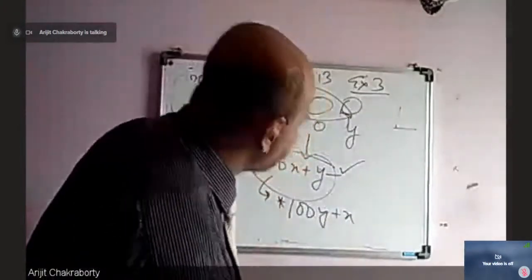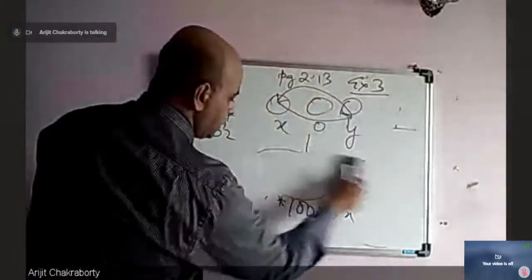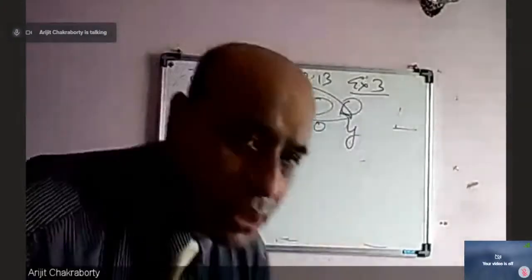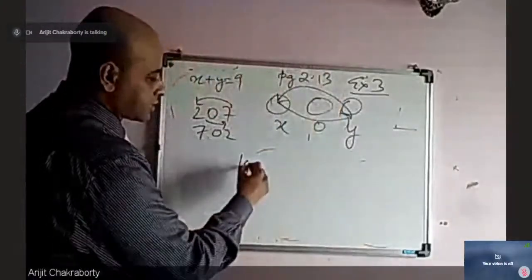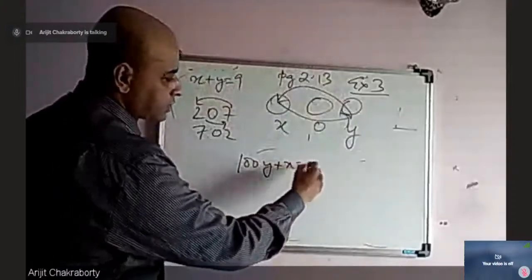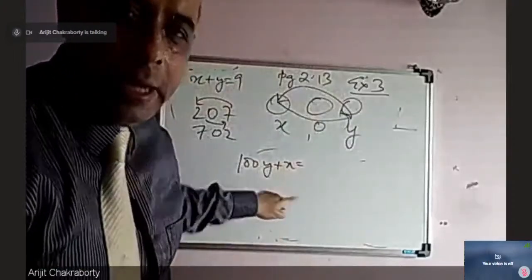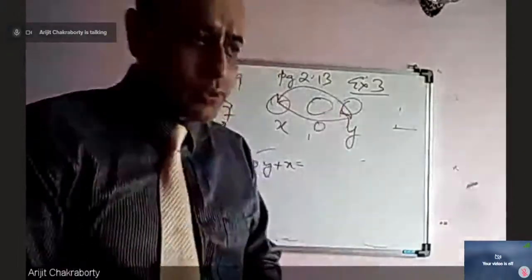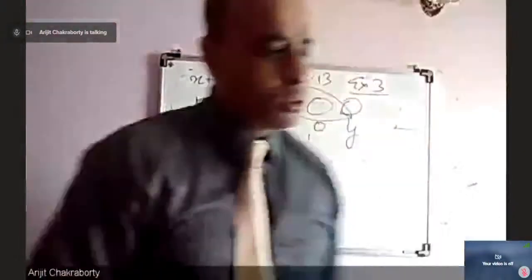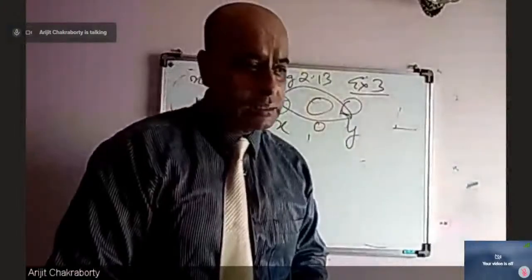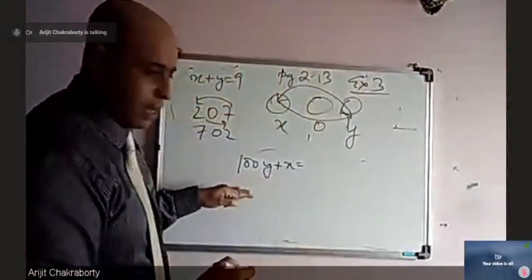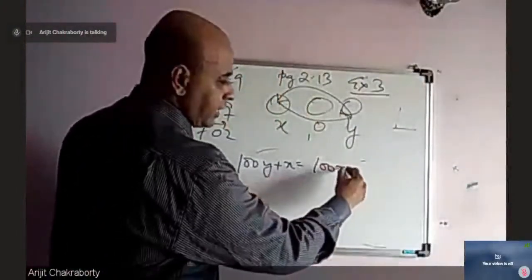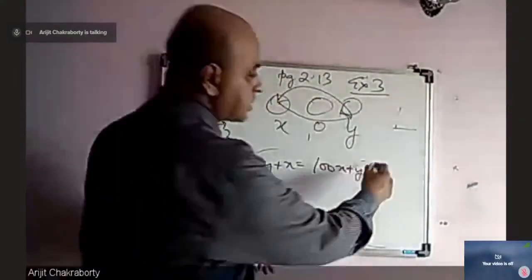So, I am writing the equation now. The new number is 100y plus x. It is more than the old number by 297. So, we can write, if this is the new number, the old number was 100x plus y plus 297.